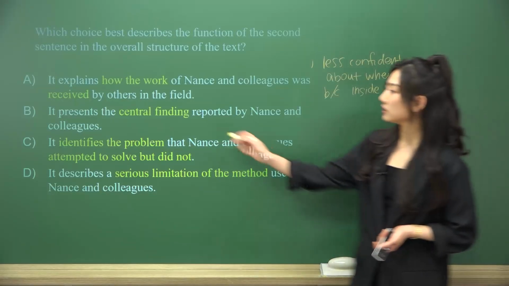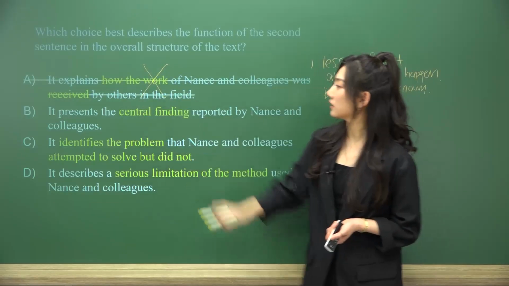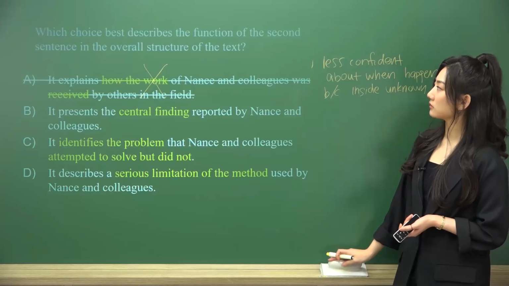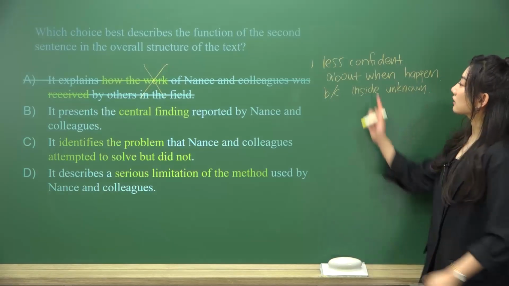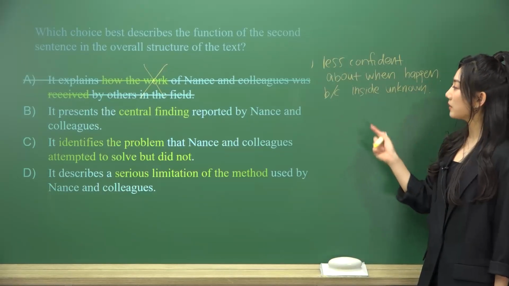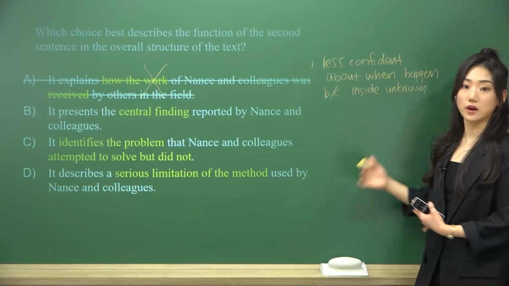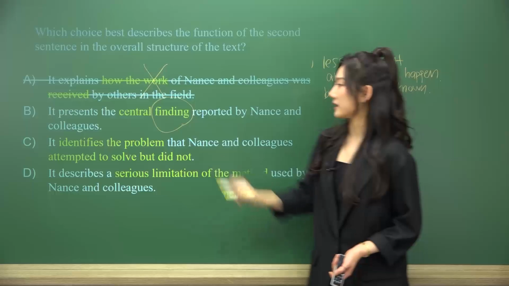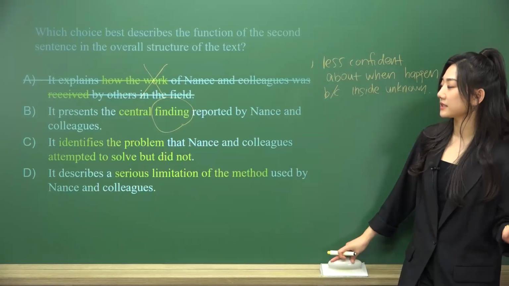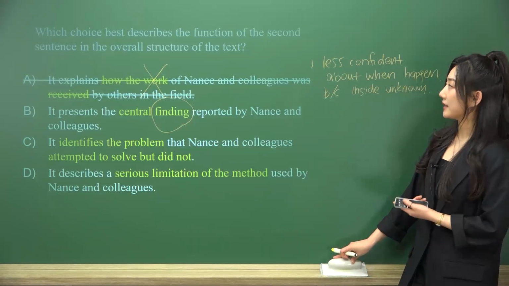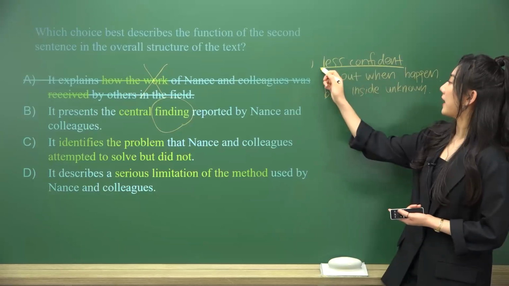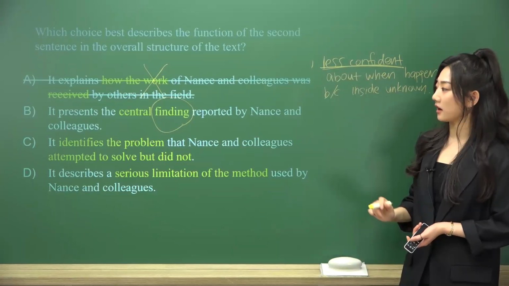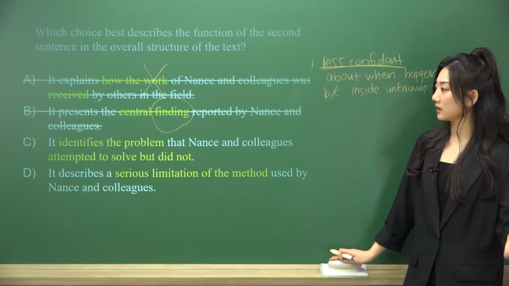Okay, definitely not how the work was received, right? All they said was they're less confident about when it will happen because they're unsure about the internal characteristics. B, is this a finding? It presents the central finding reported by Nance. No, it was a statement about how they felt, less confident, not a finding, so we can delete B.